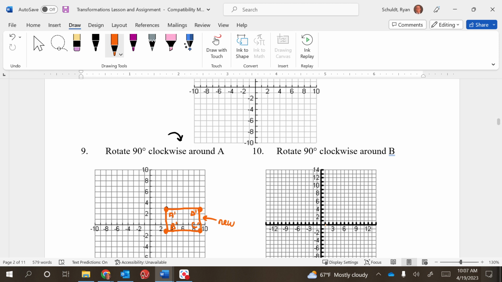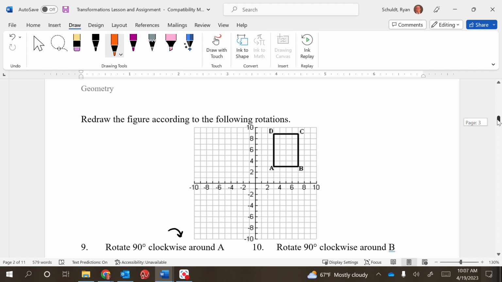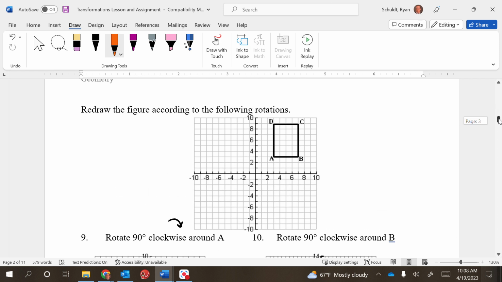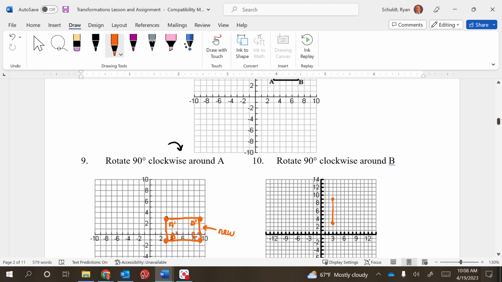So the original was at 3, 3 is where we began. So 3, 3. Went to 3, 9. And then 7, 3.